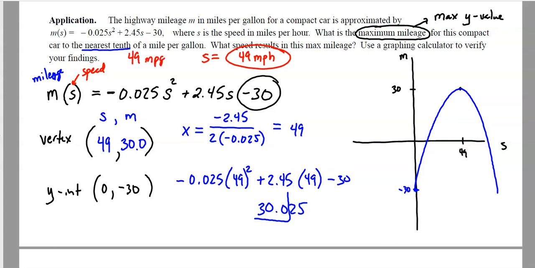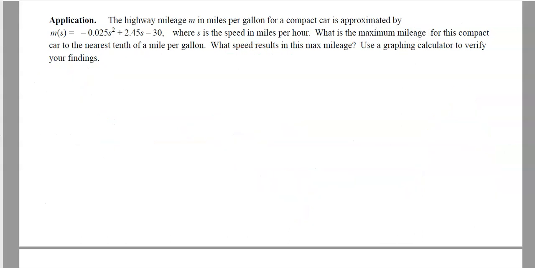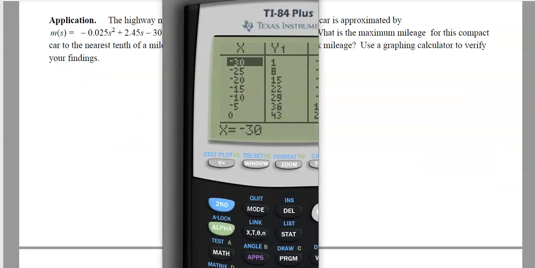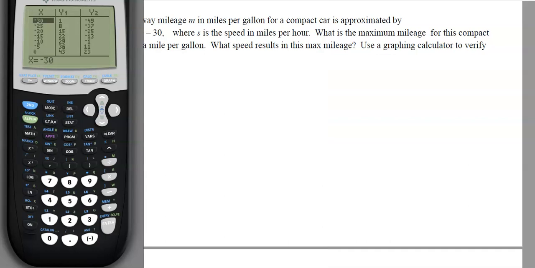Use a graphing calculator to verify your findings. So let's just pop up our graphing calculator here, and I'm going to pull up my trusty TI. And let's just punch this in and see what happens. So let's clear out, go to my y equals, I'm going to clear these two out.